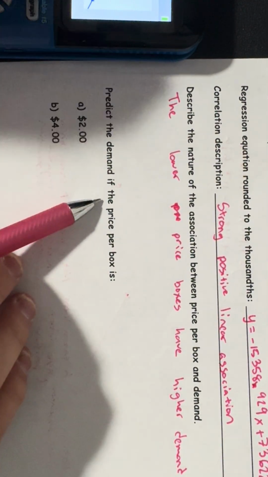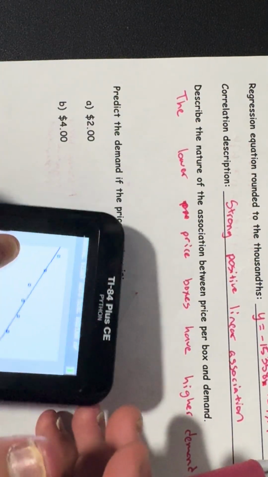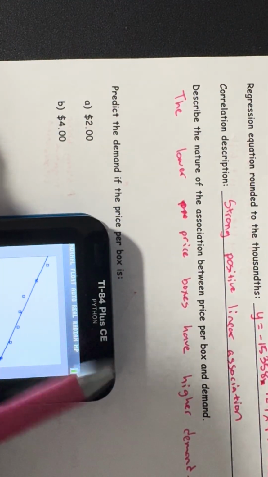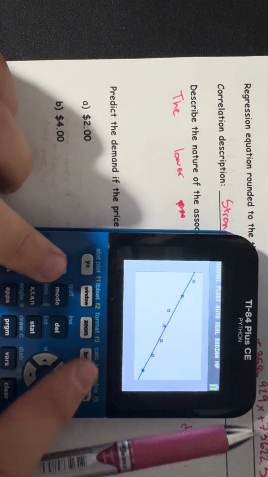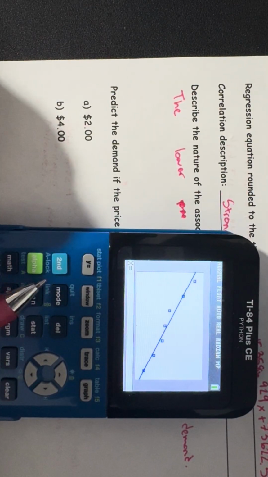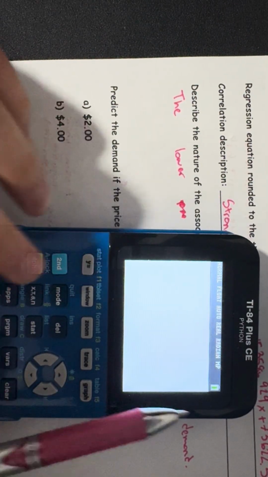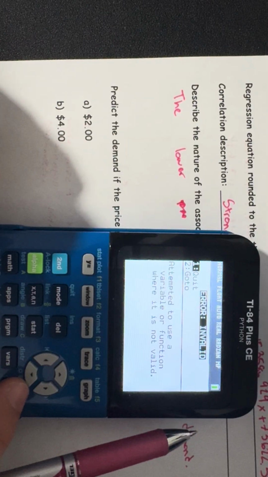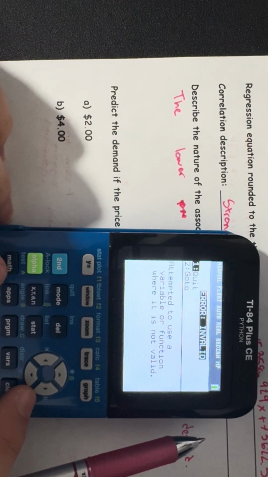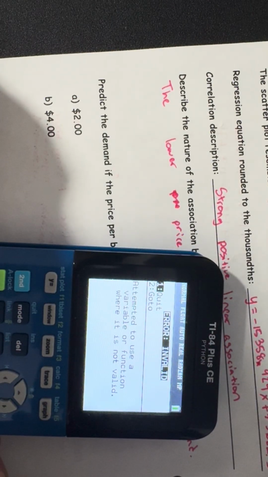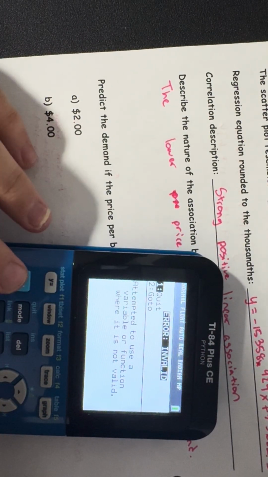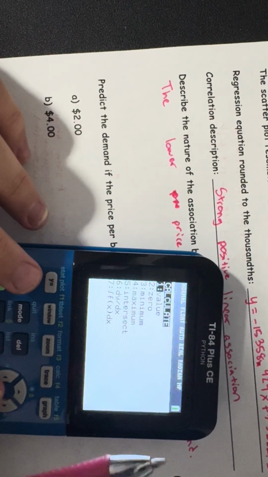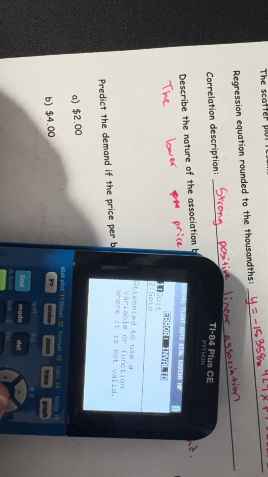Predict the demand if the box price is $2 and then $4. So again, our $2, $4, that's our X value. So we're going to go on to here. We're going to go second trace, value 2. Oops. Second trace, value 4 should work.